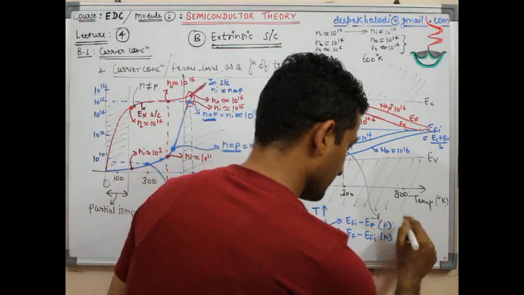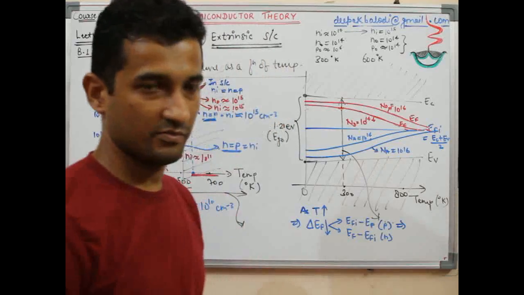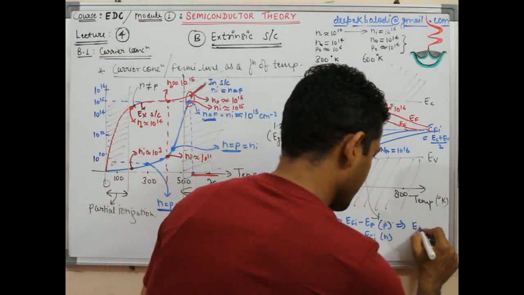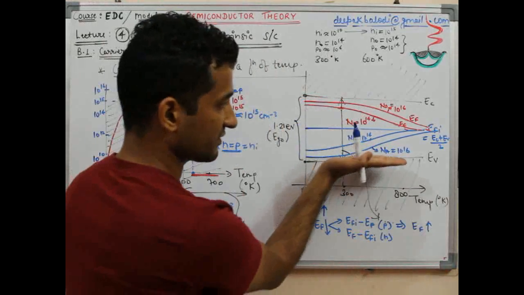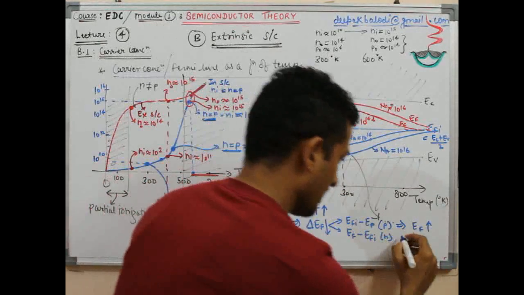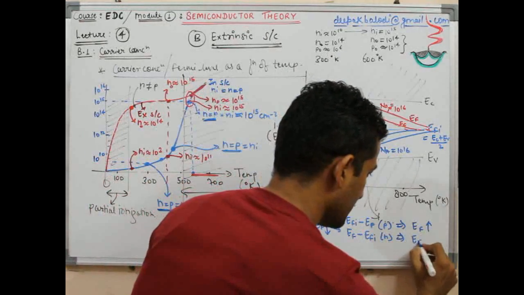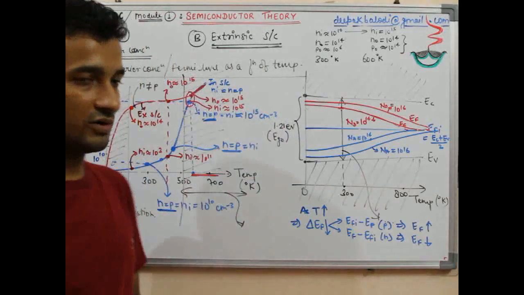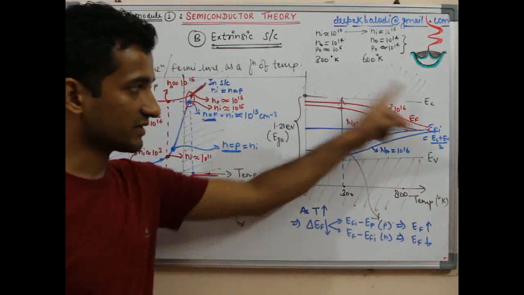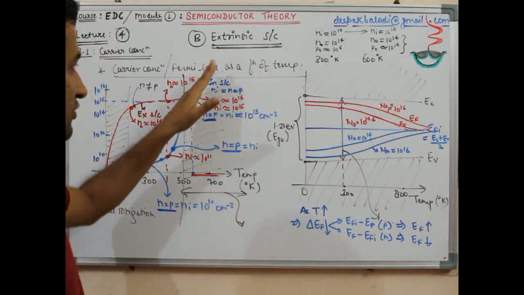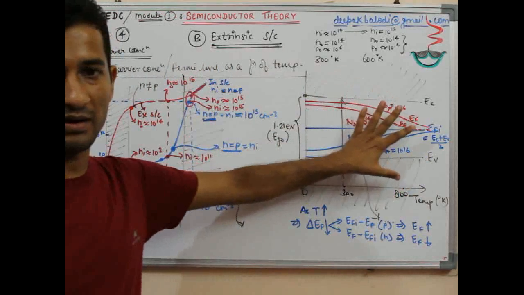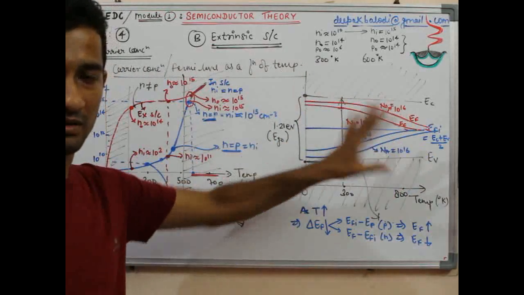That means for P-type, EF is going up as temperature is increasing, and for N-type, EF is coming down. So this is the summary of this picture, which is in coordination with the carrier concentration profile, and this is the energy band diagram explanation of the same thing.